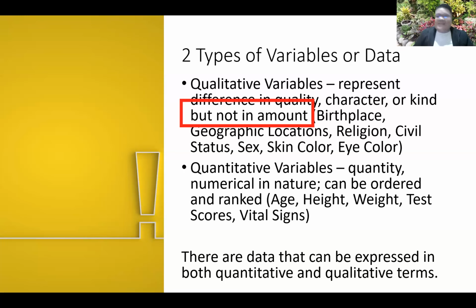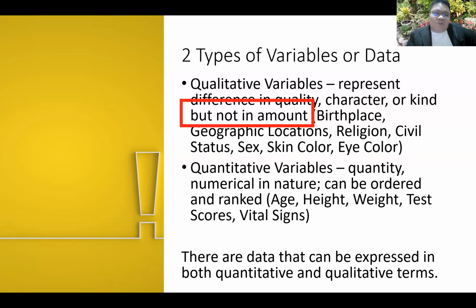Okay? Sex, class, skin color, eye color, and in qualitative researches, the verbatim statements that your participants are giving are considered to be qualitative variables. Ibig sabihin, pag nag-share, for example, yung participant mo ng experiences niya sa buhay, that is considered to be a qualitative variable.